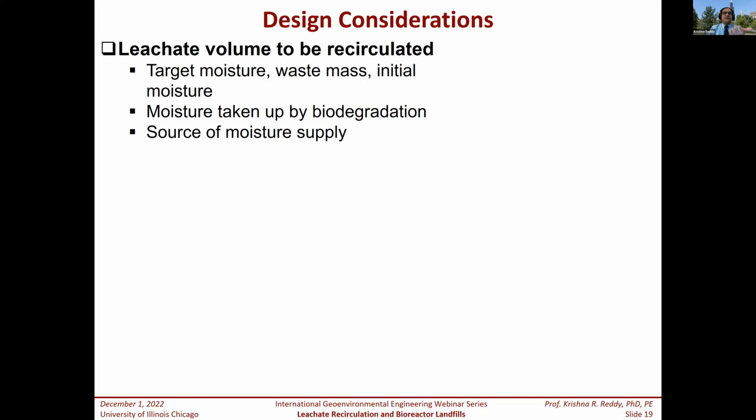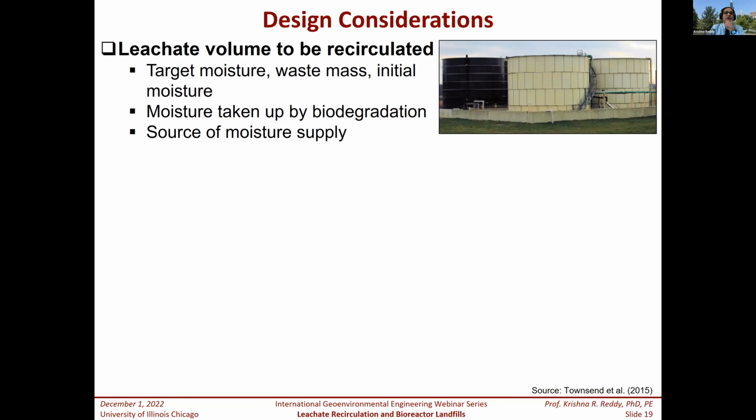As I said, it's the field capacity, or 40% or 50% moisture content, whatever you determine. You have to look at the existing moisture content and the additional moisture that you need, and calculate that. Some moisture is also lost by degradation reactions. And where is the source of moisture supply? Is the leachate that you have enough, or do you have excess leachate? What do you do with that?